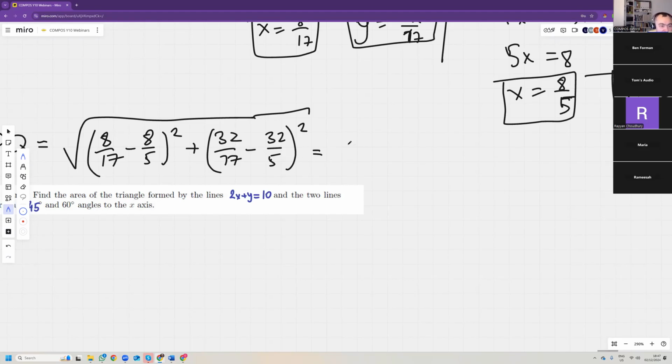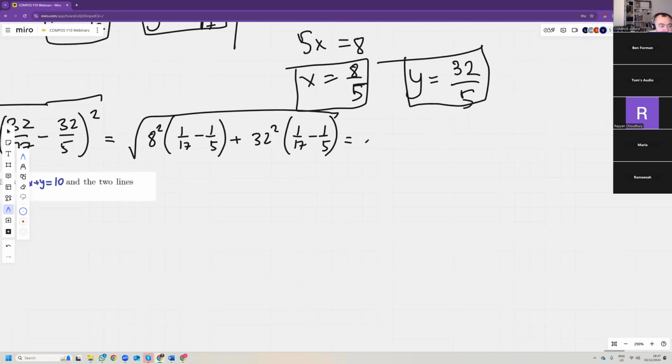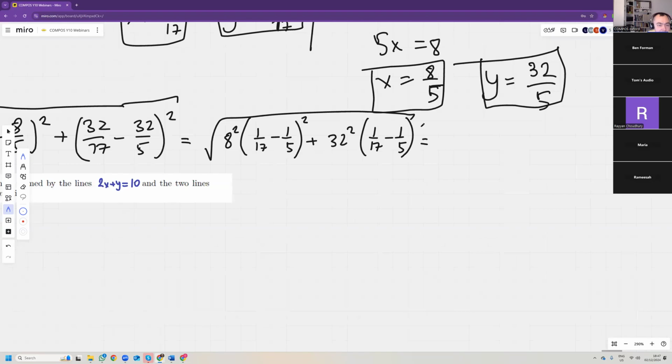So we can take 8 squared out. 8 squared times (1/17 minus 1/5) squared plus 32 squared times (1/17 minus 1/5) squared. So 1/17 minus 1/5, that's 17 minus 5, that's 12.